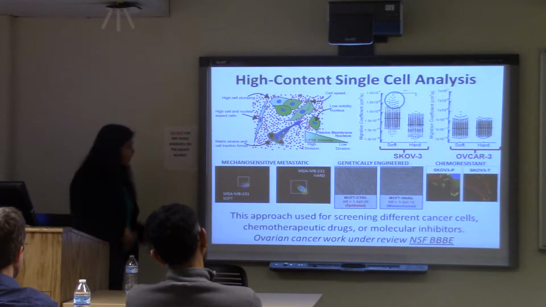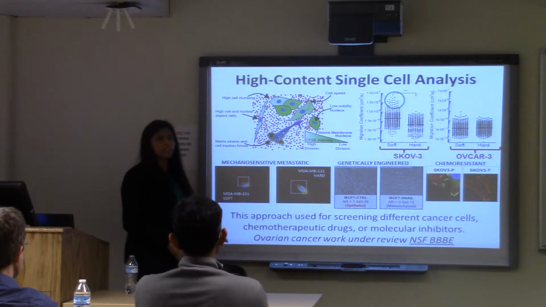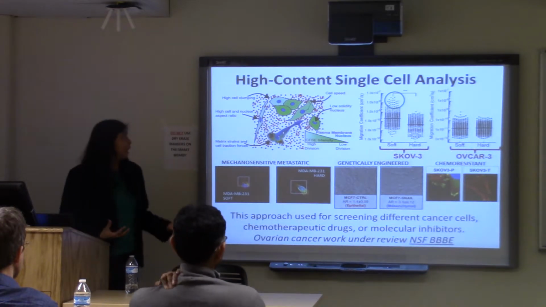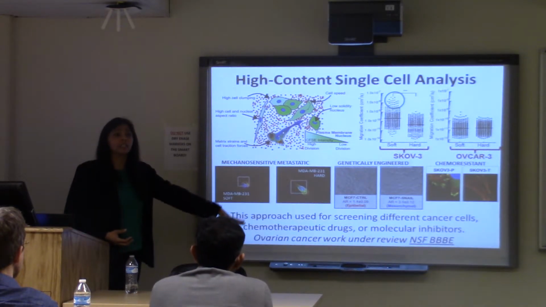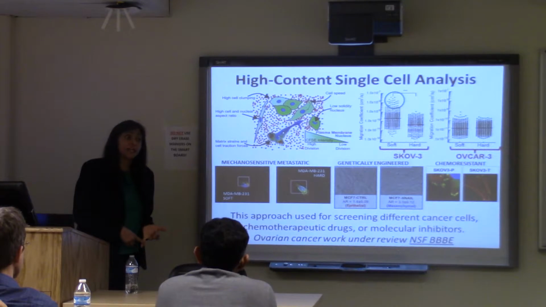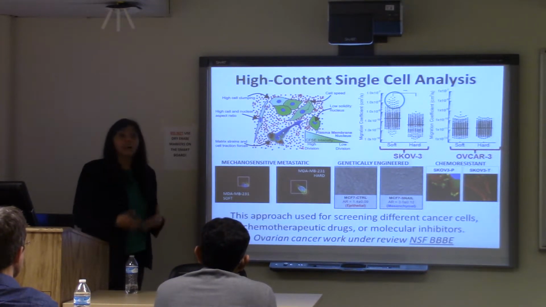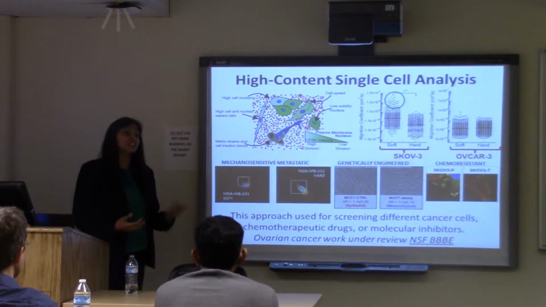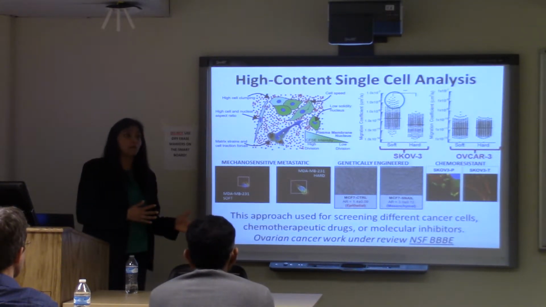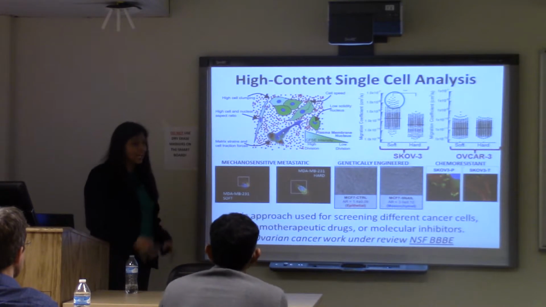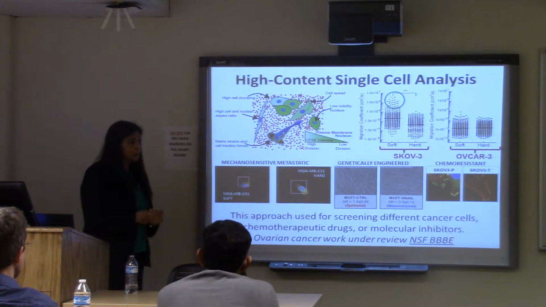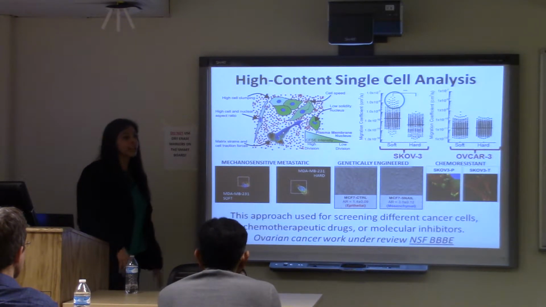And so what I would like to do with this in the future is apply this tool that we've developed to look at different types of cells. I mentioned that we have already isolated and characterized Taxol-resistant cells, but we've also isolated carboplatin-resistant cells and cells that are more resistant to both Taxol and carboplatin, as well as other drugs. And so we have all of these different cells that we would like to be able to run through with these biophysical characterizations.